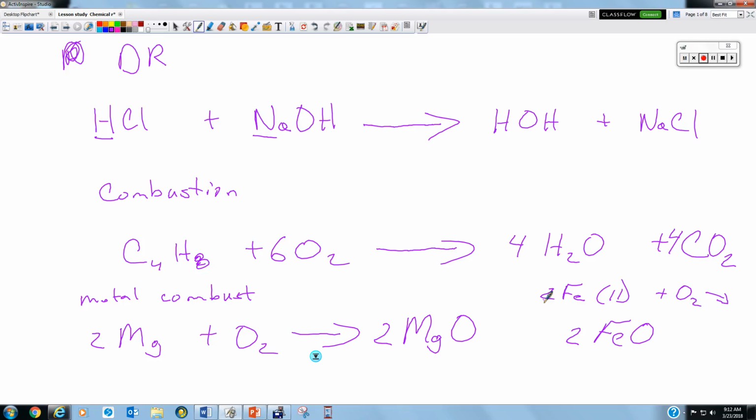So this is rust. That's whenever you leave a piece of iron metal out, like a nail or something like that, and it rusts, that's what you're seeing. This is also the compound that's in your blood, hemoglobin, that is really kind of the main contributor to why our blood is the color red that it is.